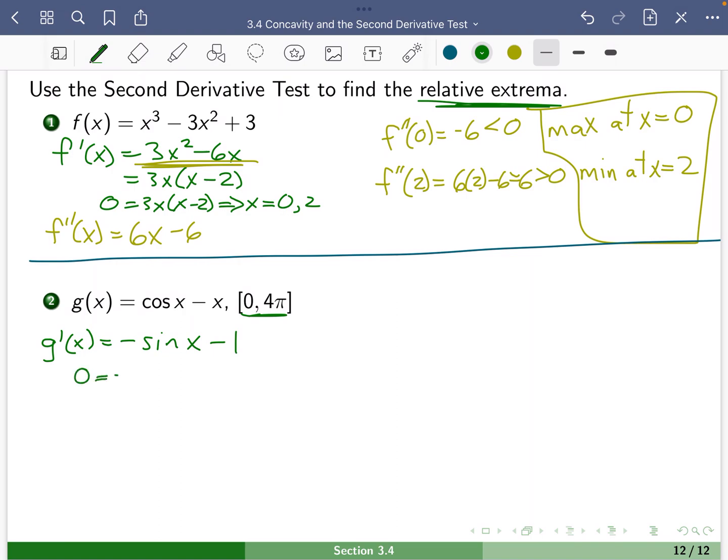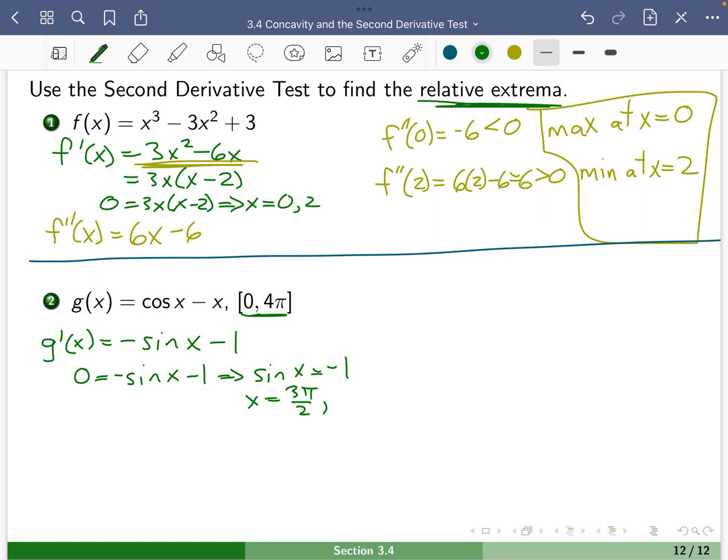We are going to take that and set it equal to 0. So 0 is negative sine x minus 1. So we want to know when is sine x equal to negative 1. Sine of x is equal to negative 1 at 3 pi over 2. It's equal to negative 1 again 2 pi later.